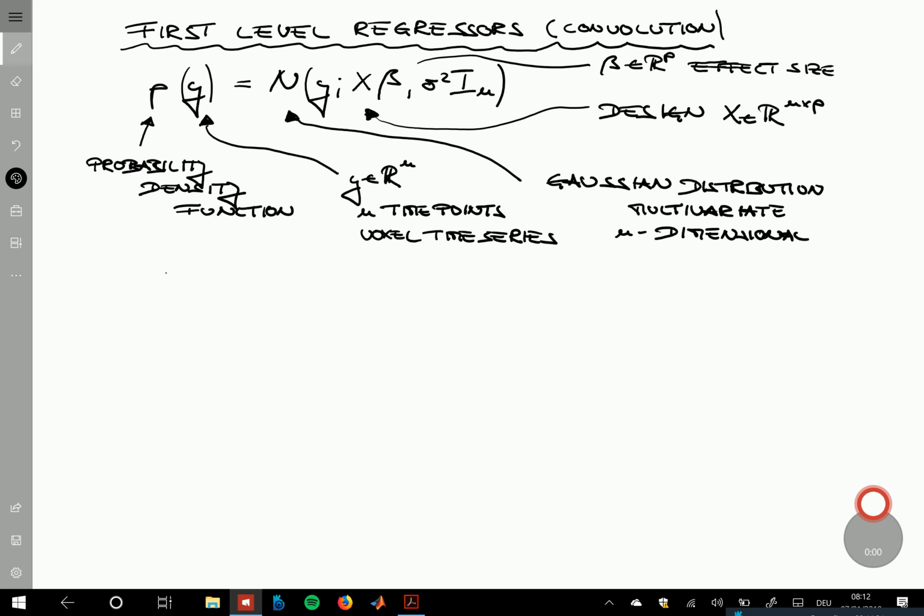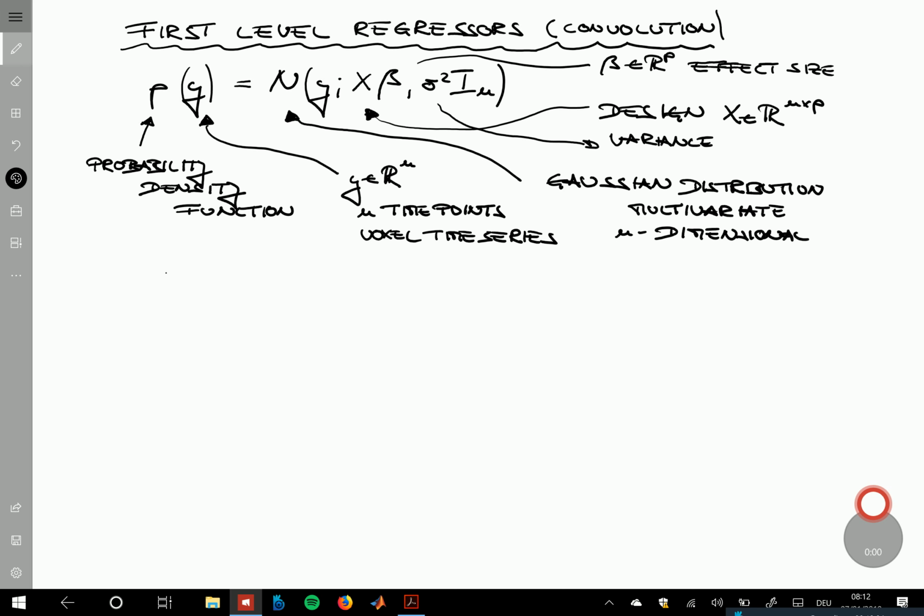Sigma square, what is that? Yeah, it has to do with the error. That's going in the right direction. So that's the variance parameter, and it quantifies the size, or the variability, the magnitude of the noise.